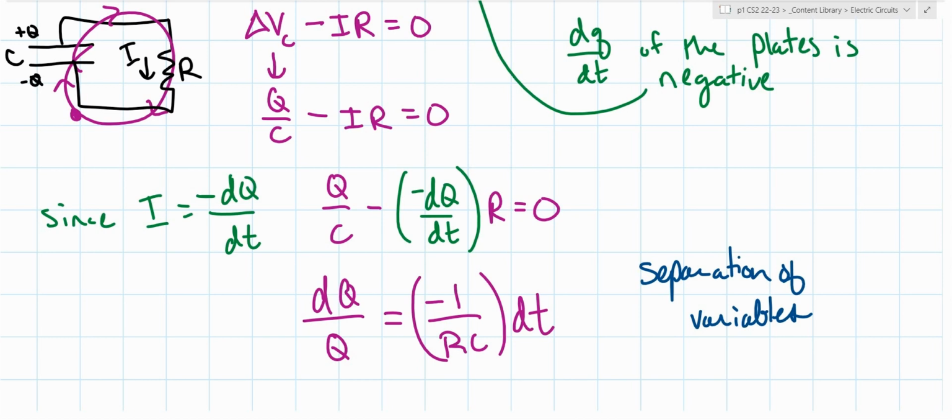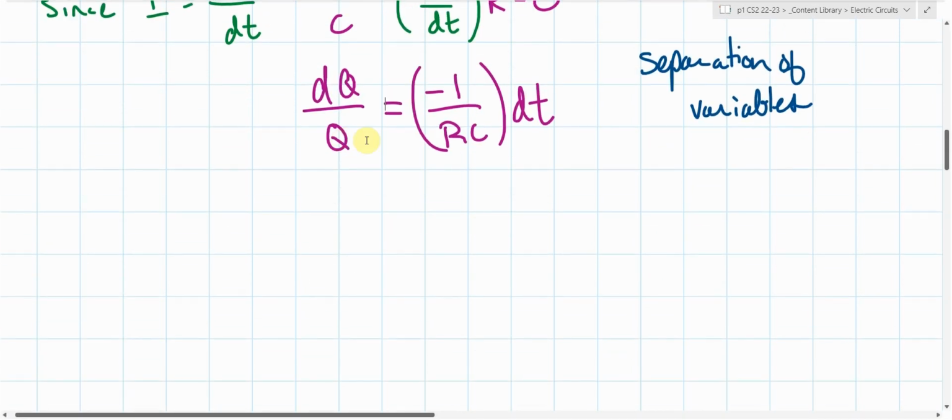Once you've done that, we're going to integrate, but we're going to integrate with different variables on each side. On the left side, that's all about Q. Solving a differential equation, remember, you do separation of variables, and then you integrate both sides with their respective variable and respective limits.